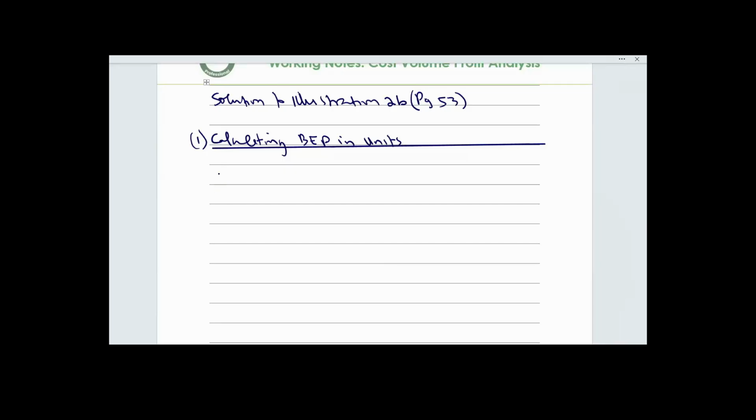Just do your working and move on. Step 1 is to calculate the overall contribution margin ratio.